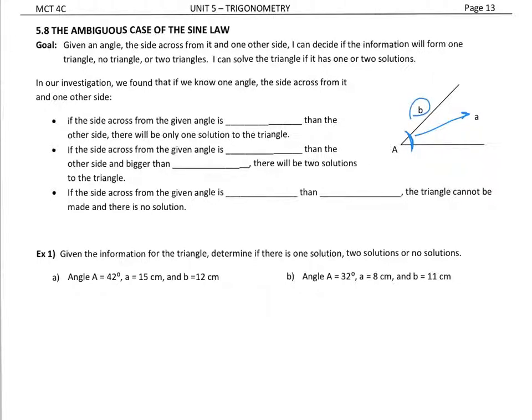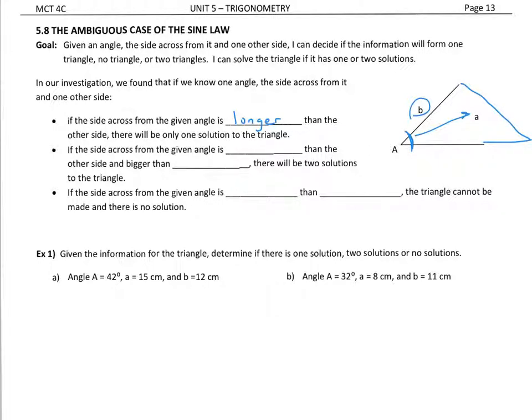If the side across from the given angle, in my diagram the given angle is A and the side across from it is little a, is longer than the other side, there would be only one solution to the triangle. So if side A ends up being longer than side B, then there's only one solution. If it's bigger or longer, we can't make two triangles from that.